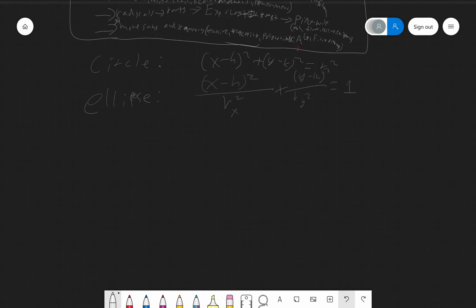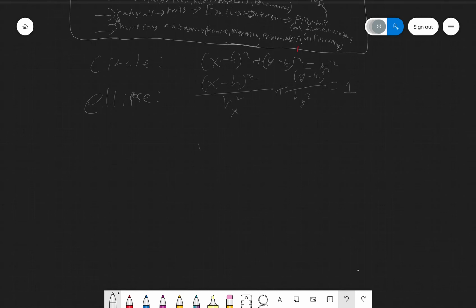We can multiply by rx squared, ry squared on both sides and get a different equation, but this is the basic one. Now what is r, what is k, what is h, what is x, what is rx, what is ry? We're going to talk about that. We can also expand this out and get something else, and if we knew what it was expanded, then we can solve for it.